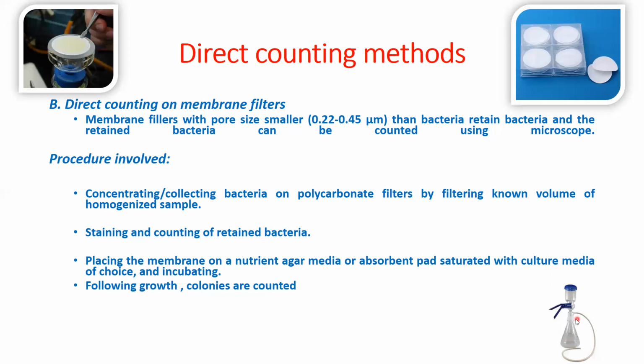Because of the vacuum, all the sample will be sucked and filtered onto the filter paper. We take this filter paper out and do the staining and count using stain. With staining, the bacterial cells become colorful and then we can easily count.